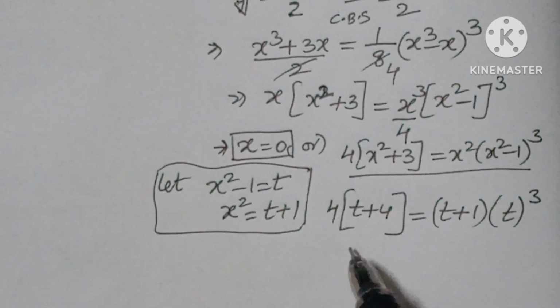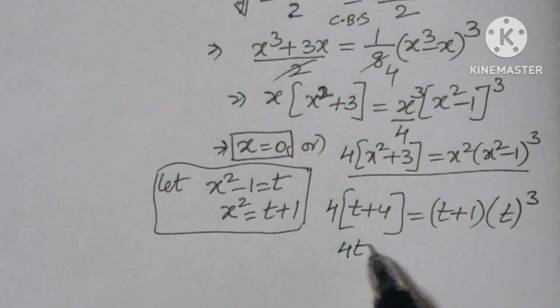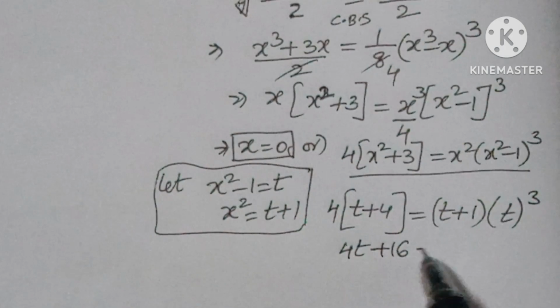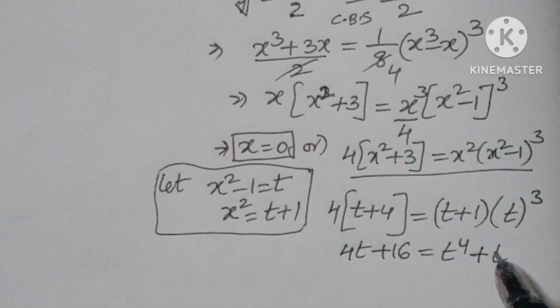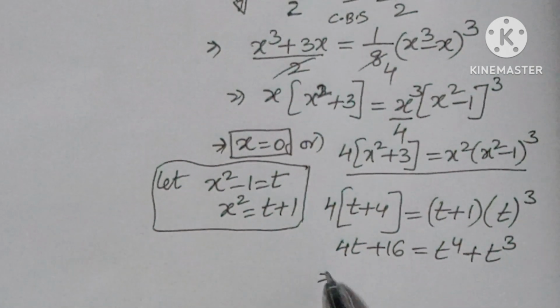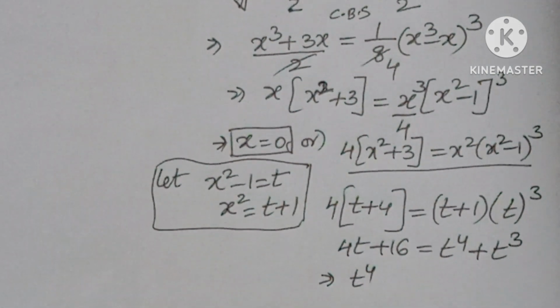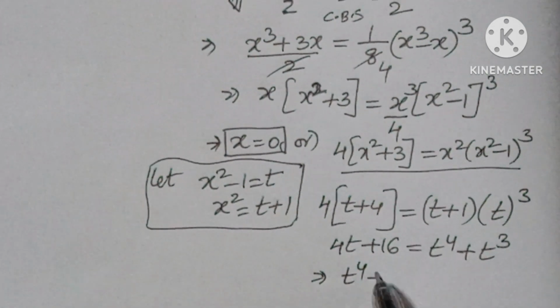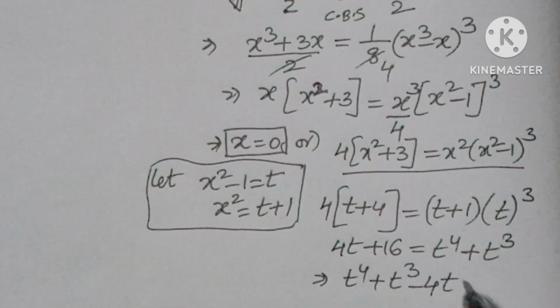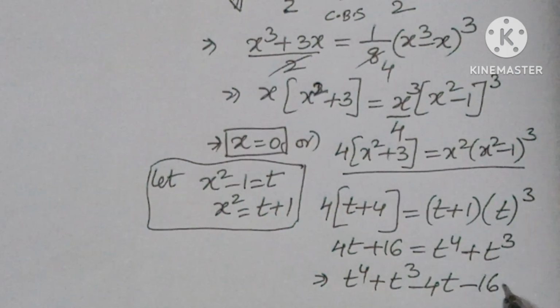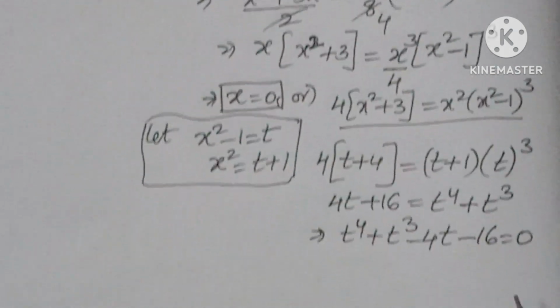Now if you multiply this, 4t plus 16 is equal to t to the power 4 plus t cubed. Sending all the terms to one side, t to the power 4 plus t cubed minus 4t minus 16 equal to 0.